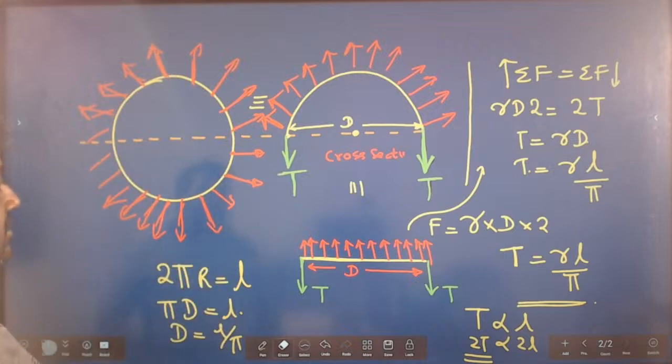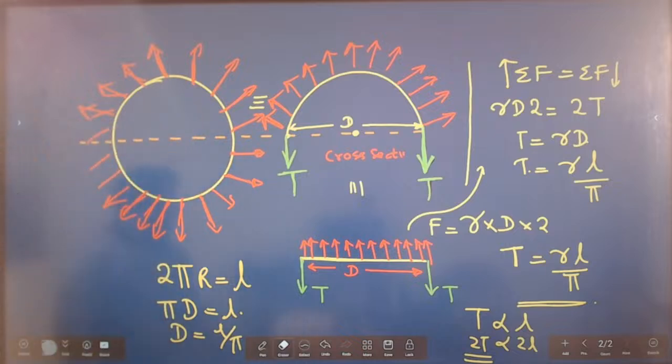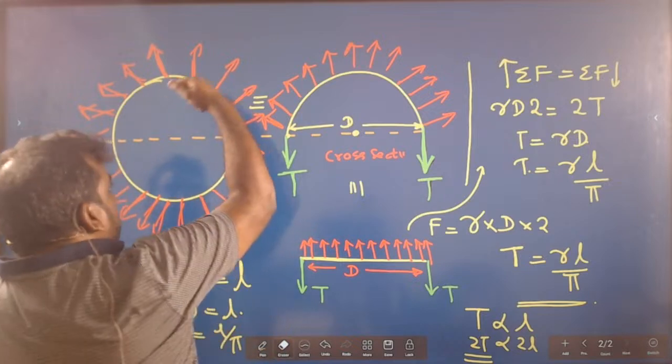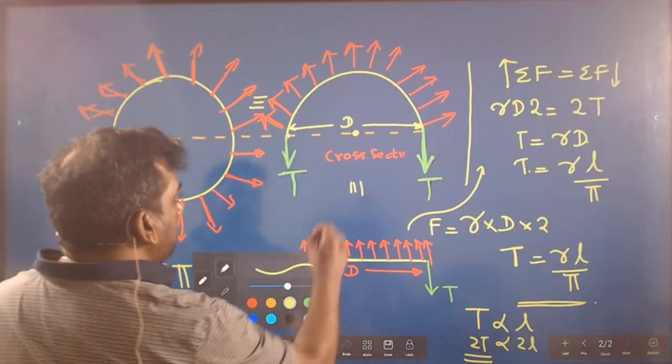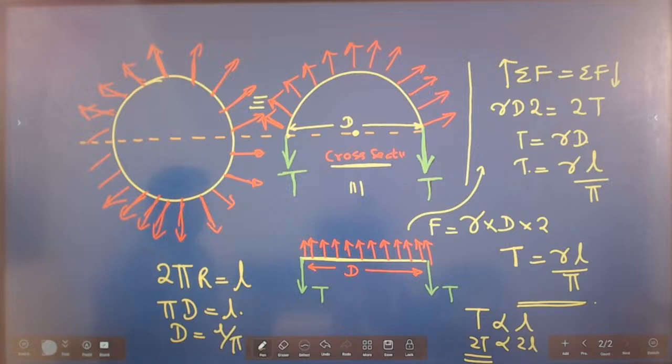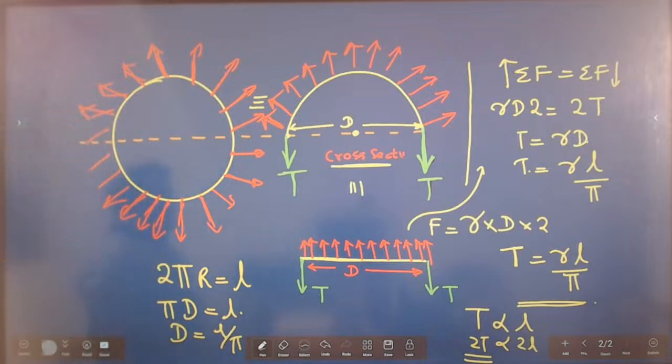When we put the string into a soap film and break the center film, the surface tension will pull on the string in all directions, creating a tension along the string.